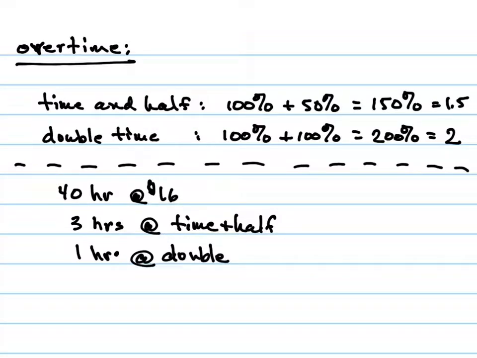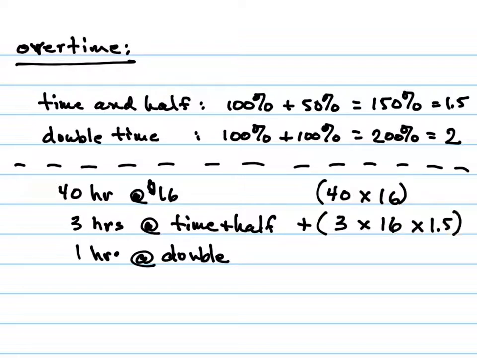So we're just going to do that multiplication, and then of course we want to find a total, and finding a total means addition. So first, it's simply 40 times his normal wage of 16. And I put it in brackets because we're going to be adding these totals together. You don't have to, but be careful. Secondly, he worked 3 hours times his $16 times a multiplier of 1.5 because he was getting time and a half.